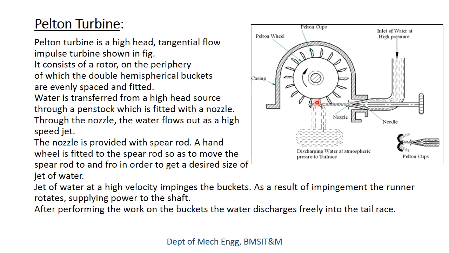After impacting onto the Pelton cups, the water falls down to the tail race due to gravity, and there is no draft tube required for this. Right? So this is the working of a Pelton turbine.